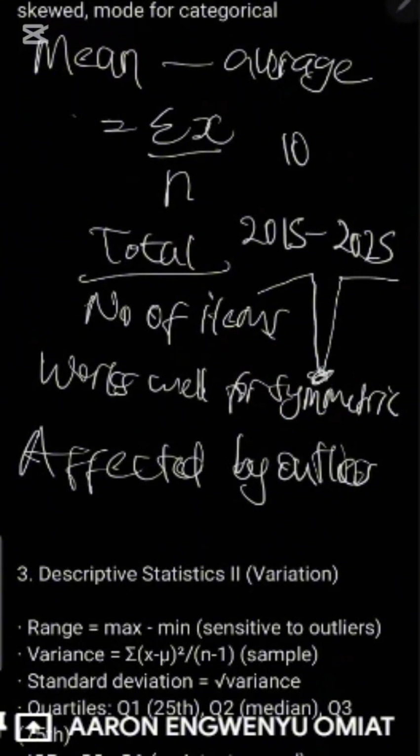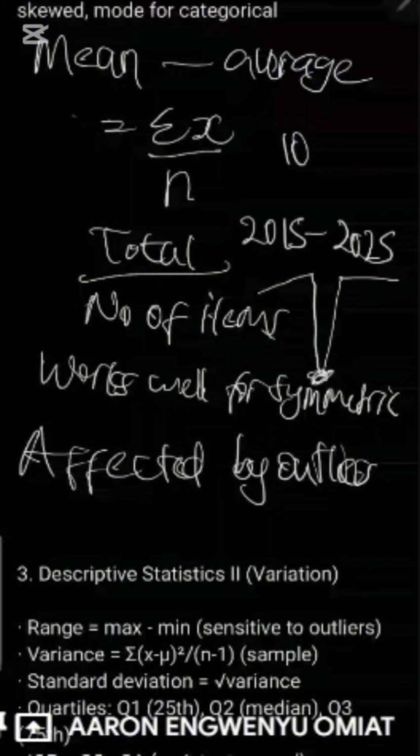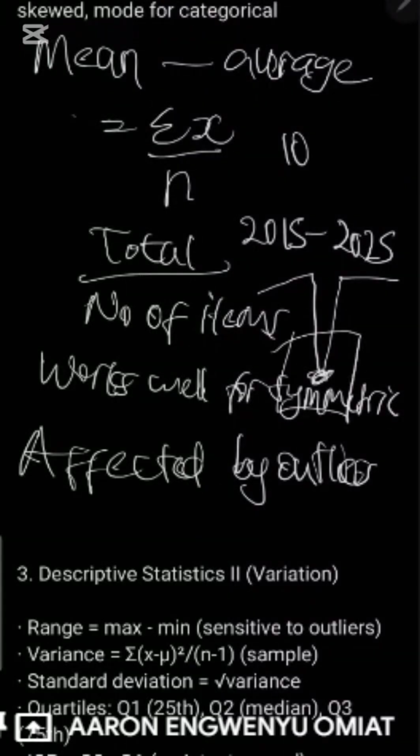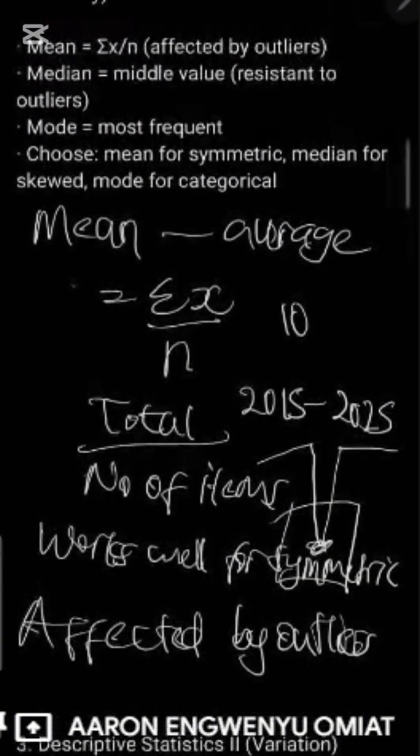This point where it changes so much more than the rest is an outlier. Maybe this year there was famine, maybe there was war, maybe there was COVID, whatever. That would be an outlier.